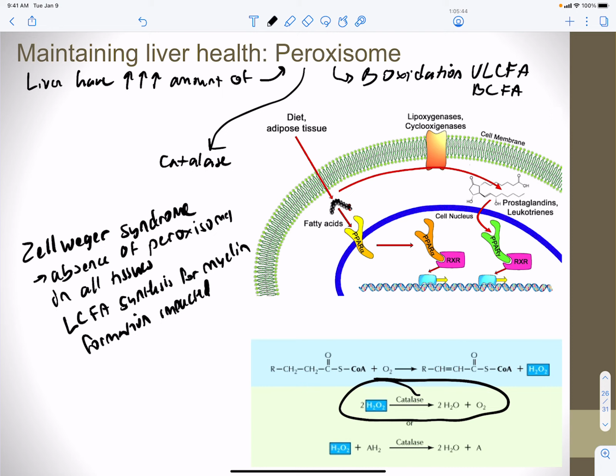Now, peroxisomes are regulated by peroxisome proliferator activated receptors, shown here.